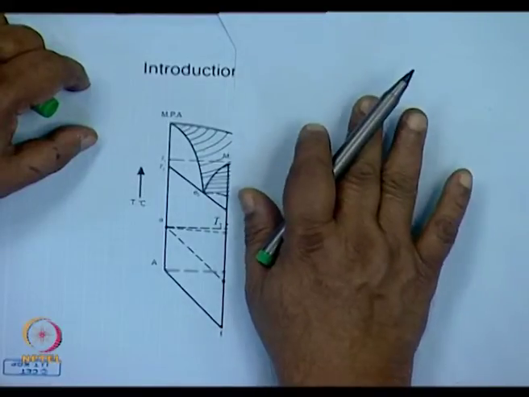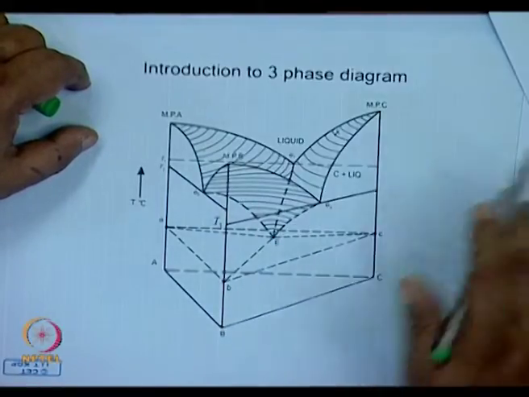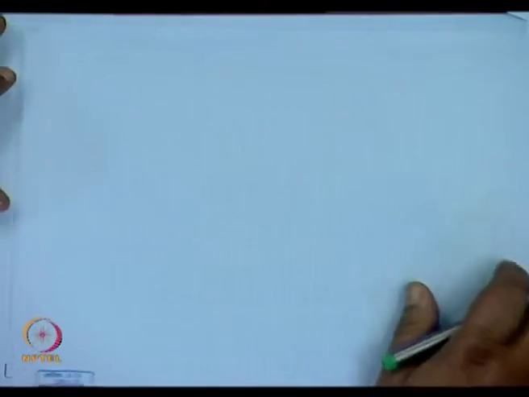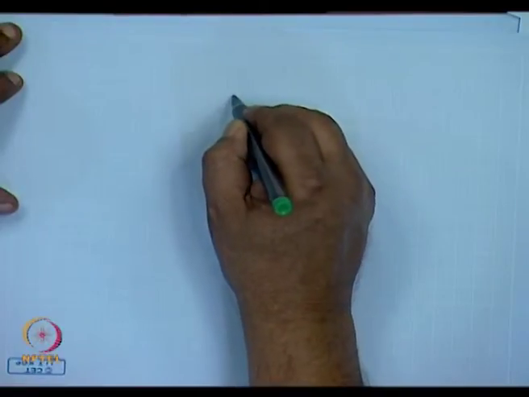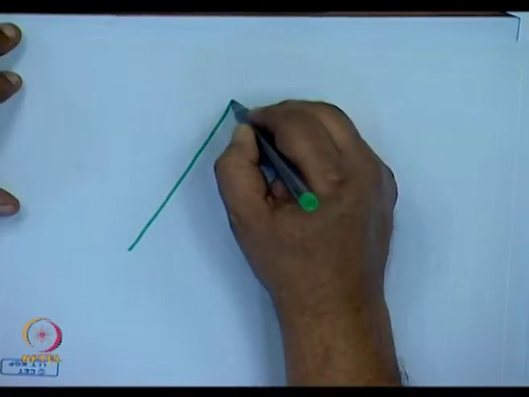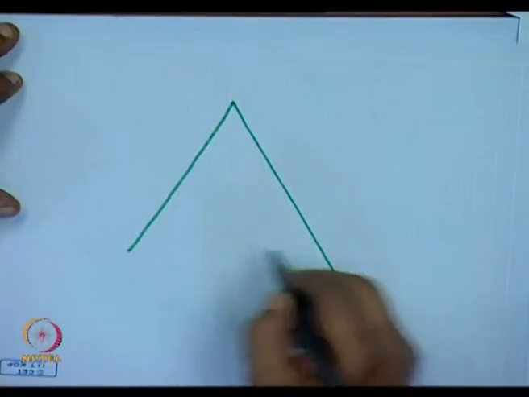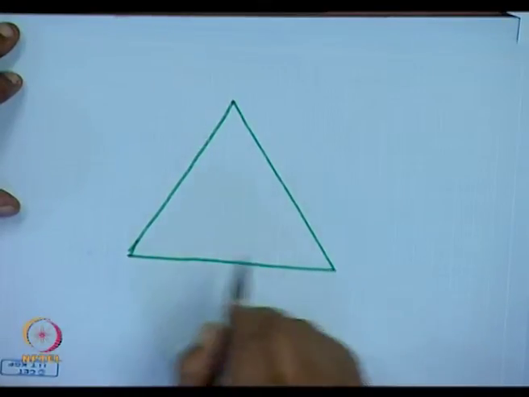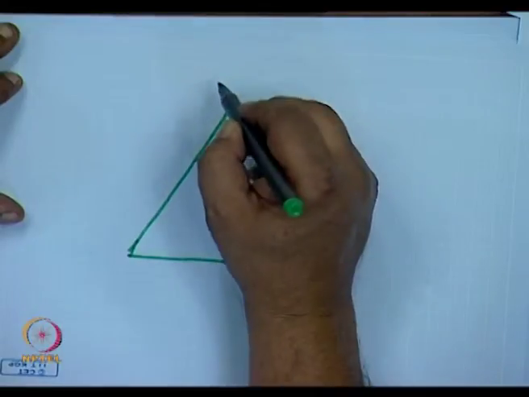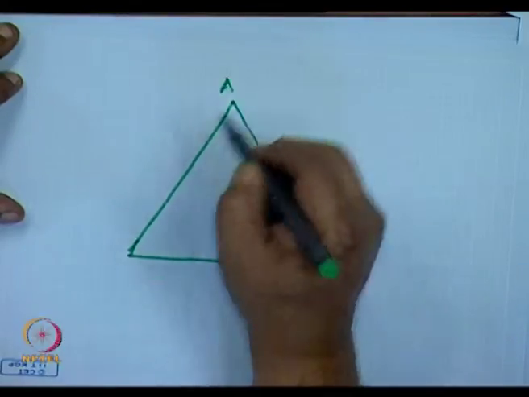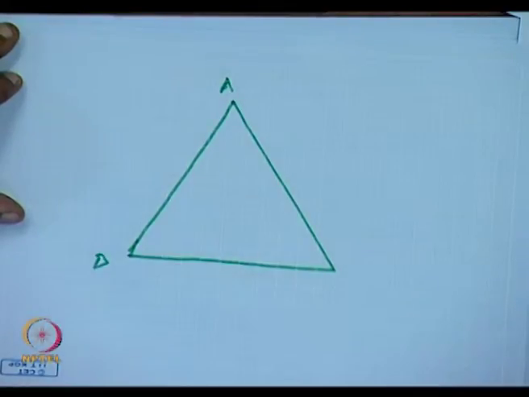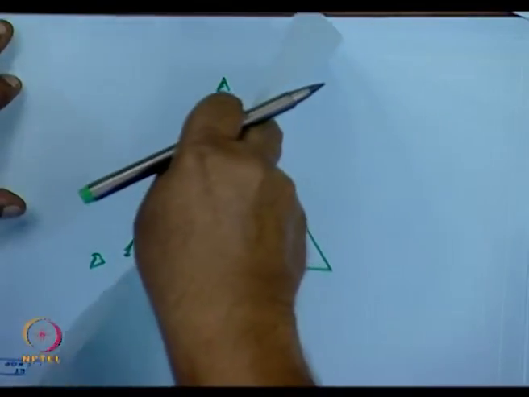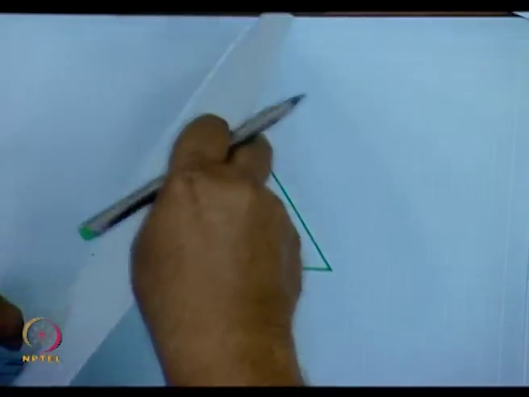When we construct three-phase diagrams, we actually construct it around an equilateral triangle. Now, because this is a freehand drawing, all of the axes may not appear equal. So when we are constructing a three-phase diagram, let's say A and B, what we have on this is the AB axis. The temperature curve is on the vertical plane.